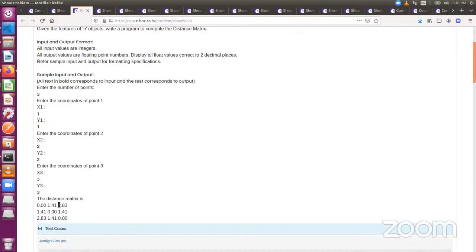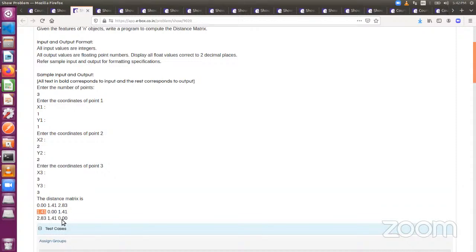So what is this value? The distance between point 0 and point 2. Likewise, this one is the distance between point 1 and point 0, this is point 1 and 1, and this is point 1 and 2, and then here also.